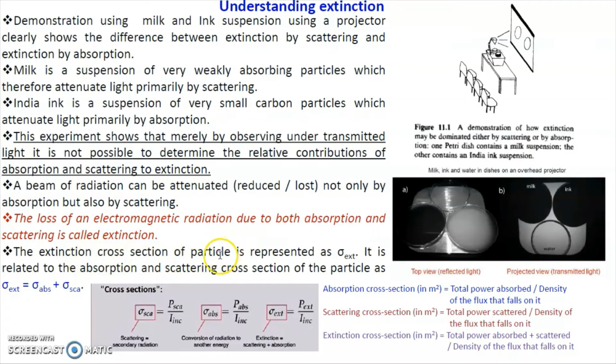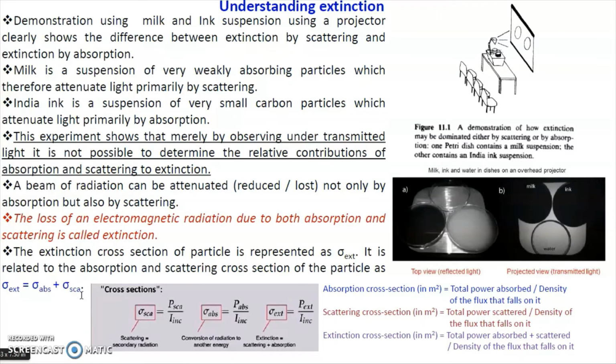Basically this extinction depends upon the size of the particle, and that's why we are taking the cross sections of the particle, because these parameters are sensitive to the cross sectional area of the particle. If we change the cross sectional area, then the optical properties may change. Sigma extinction is related to the absorption cross section and scattering cross section of the particle, as sigma extinction is equal to sigma absorption plus sigma scattering.